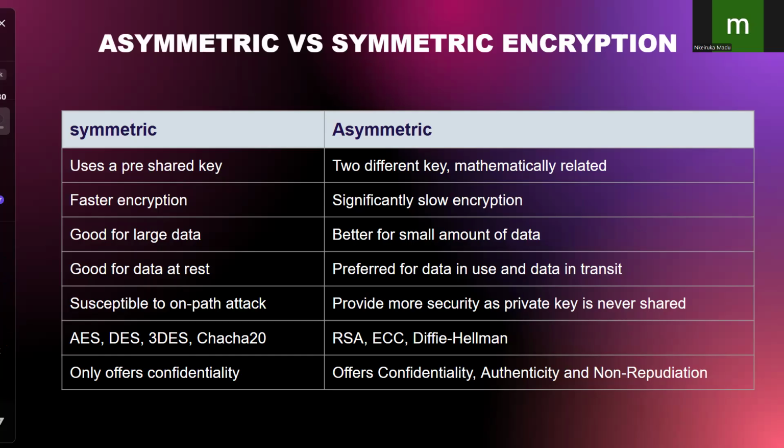Diffie-Hellman is also there. I've never used Diffie-Hellman for encrypting data at rest, but you use it to encrypt more of data in transit when you do IPsec, which is IP security.